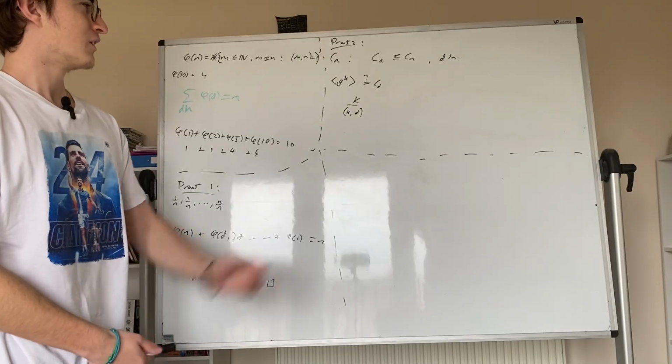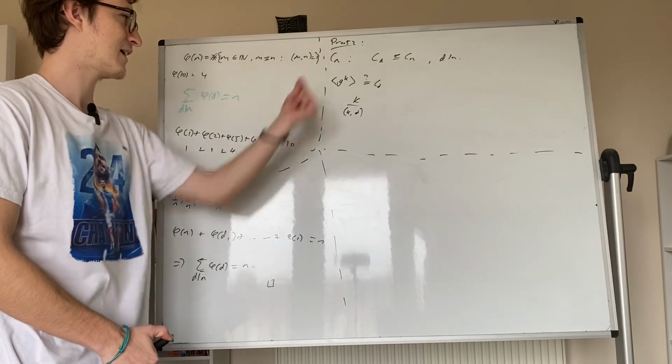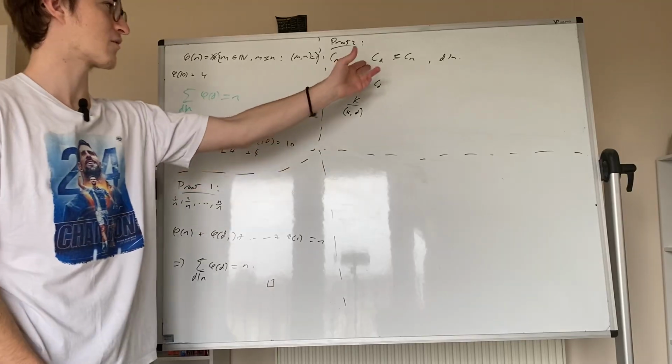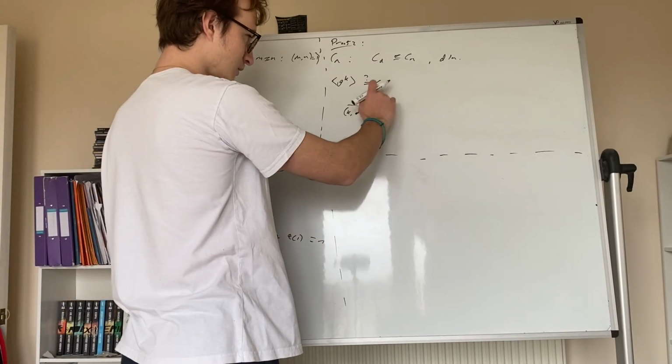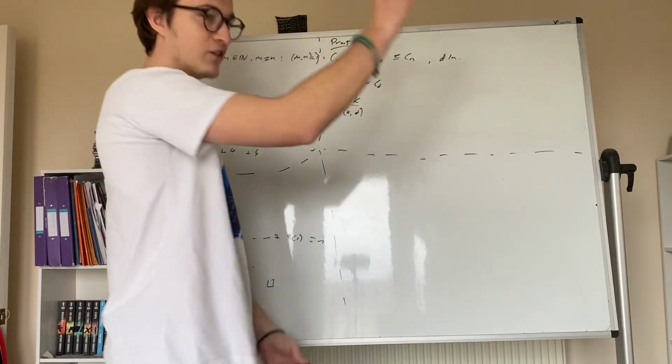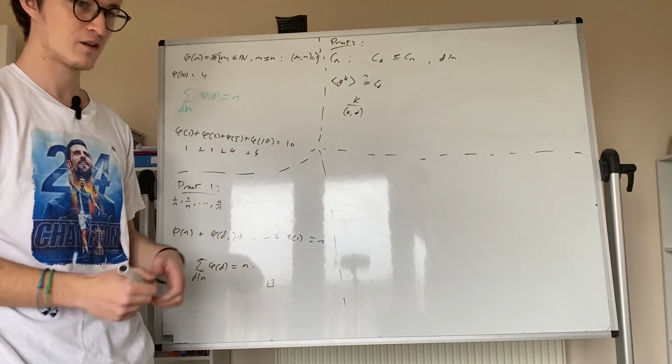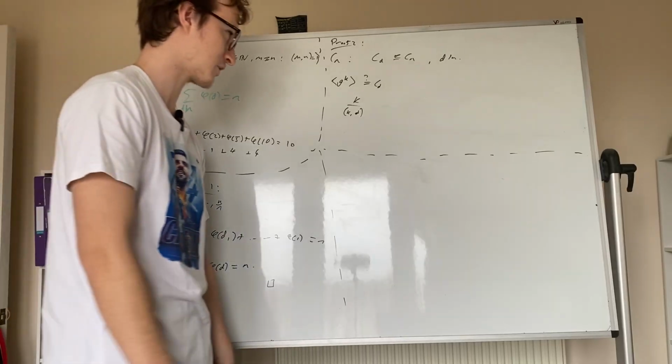And since we have n elements here, and they all generate cyclic subgroups, when you add up all of these possibilities, you get n. And that's what I'm trying to say.